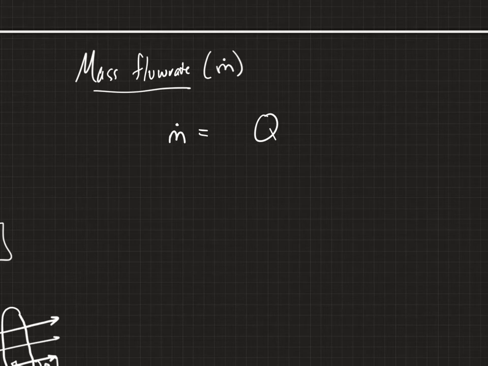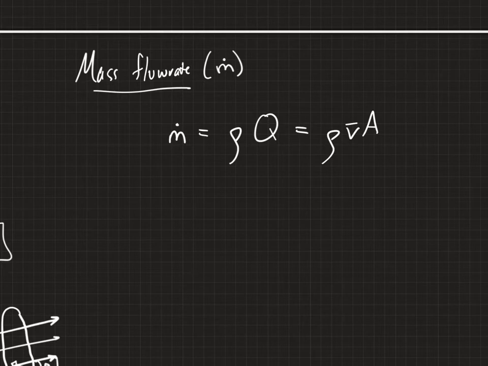And I'm going to say, well, if I multiply that by the density, so I've got volume per time, and I'm going to multiply that by mass per volume, now I'm going to get the amount of mass that's crossing that same cross-section. So we could write this as rho. How do we want to do Q? Well, we'll do Q as average velocity times the area.